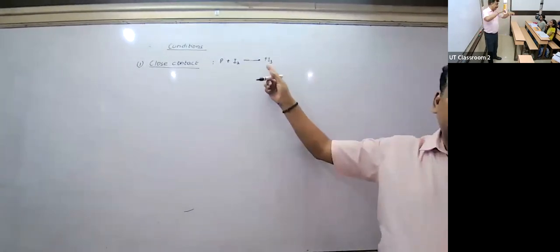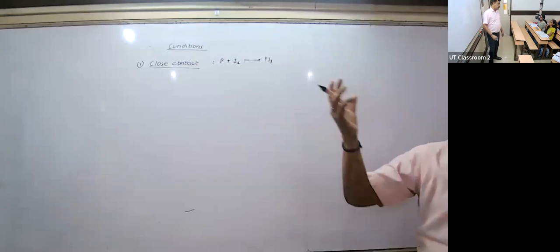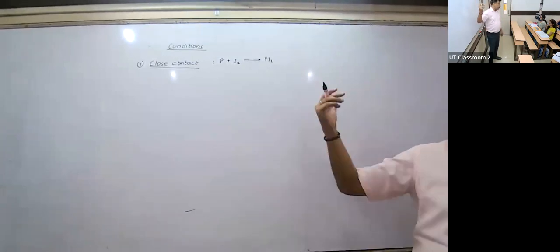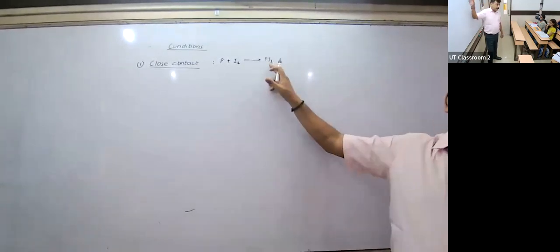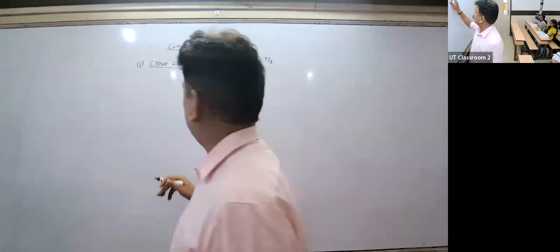Phosphorus iodide. Just contacting each other will lead to formation of a new substance. Again, phosphorus triiodide. This is close contact.